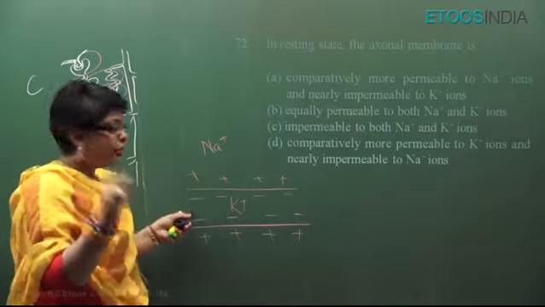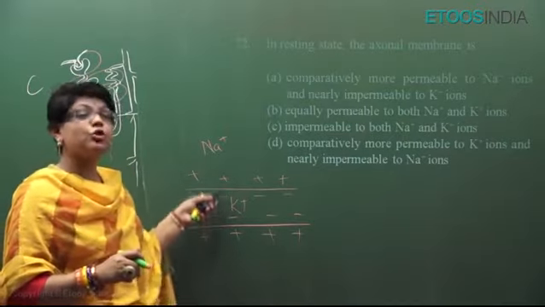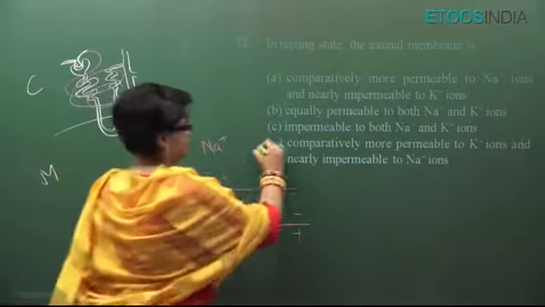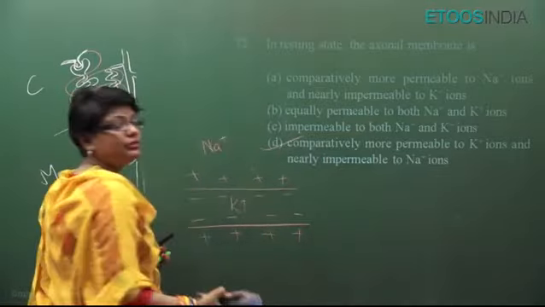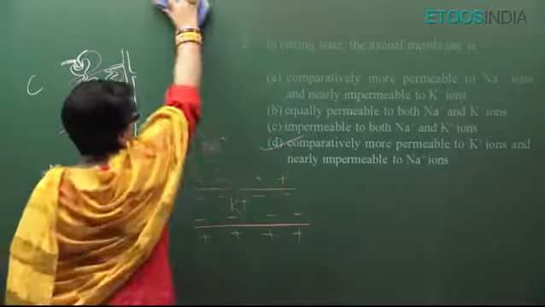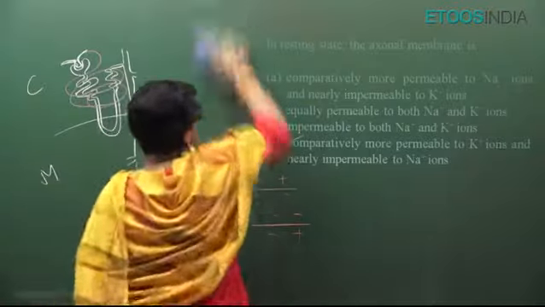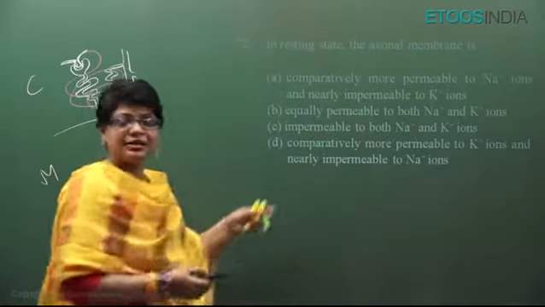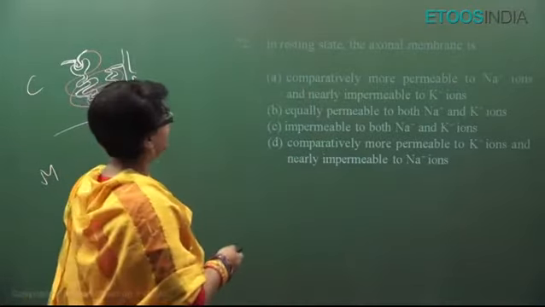Partially permeable to potassium ions, so potassium is going out, positive is going out, so negative develops inside. More permeable to potassium, impermeable to sodium, and also impermeable to negatively charged proteins inside the axon. Answer is option D, line of NCERT.